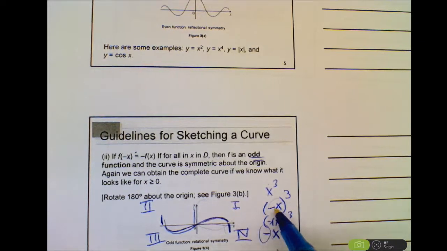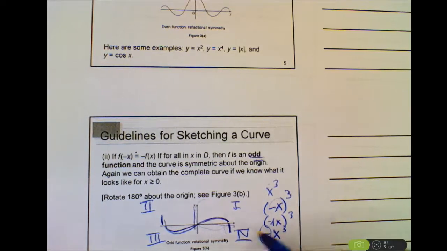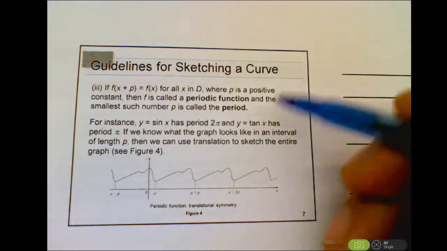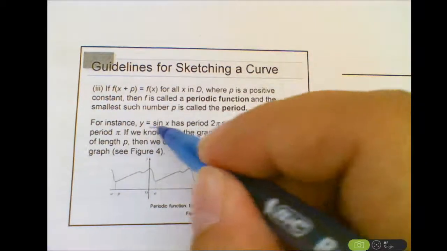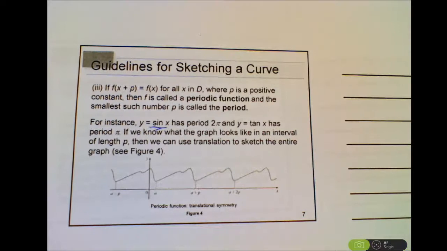So if the x's are opposites, then the y's are going to be opposites. So when you notice that, you know that it's an odd function, and it rotates around 180 degrees and replaces that. This is something that formally you wouldn't have to check, but this is something that I want you to keep in mind, especially when you have graphs that include some trig functions.